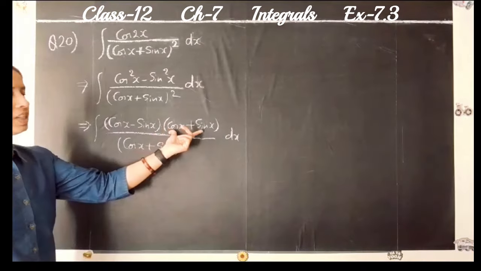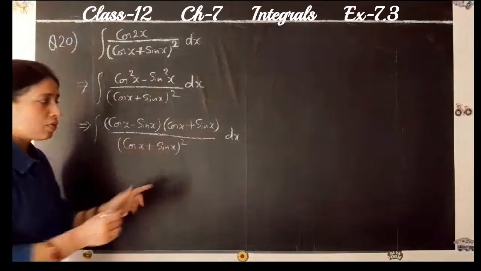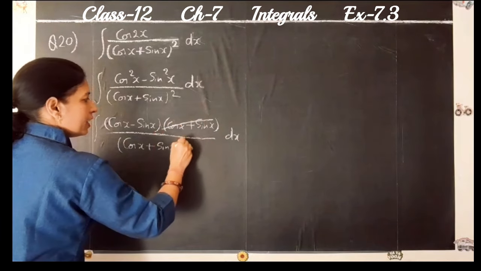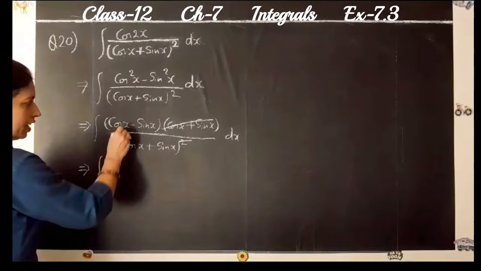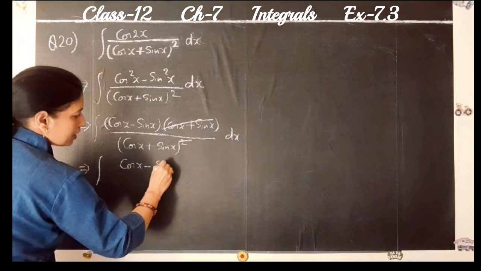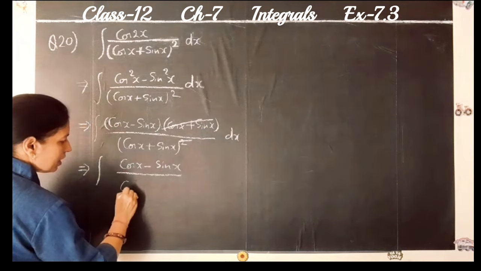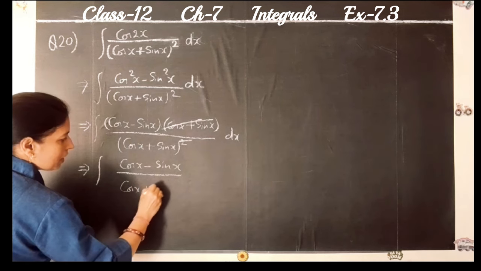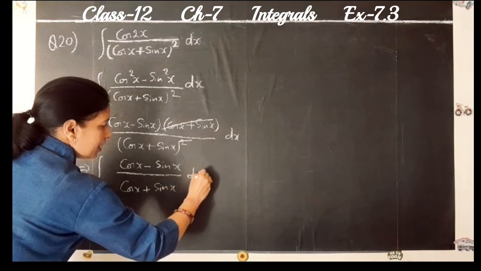Now here it is cos x plus sin x and here it is also cos x plus sin x whole square. So we can cancel this. So here it will be cos x minus sin x divided by cos x plus sin x, dx.